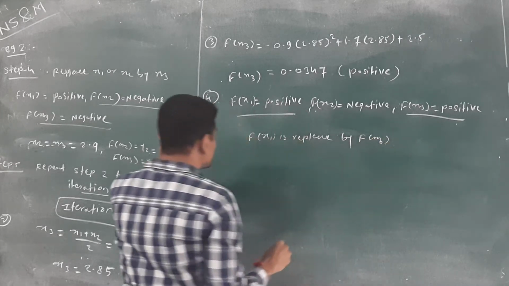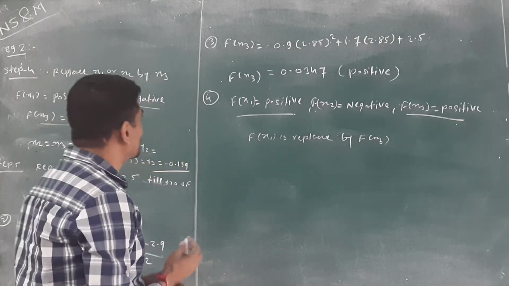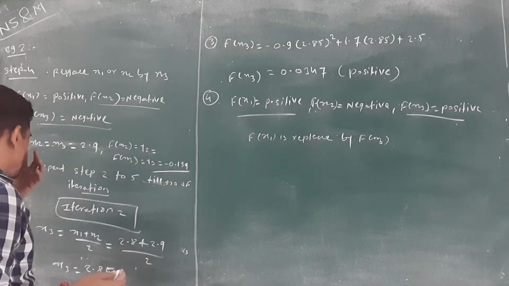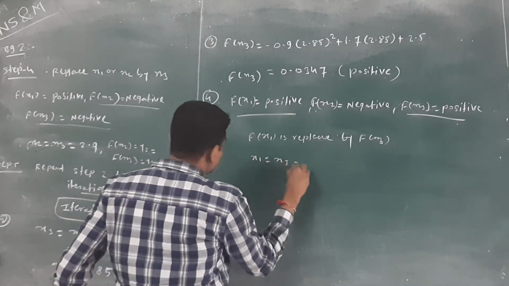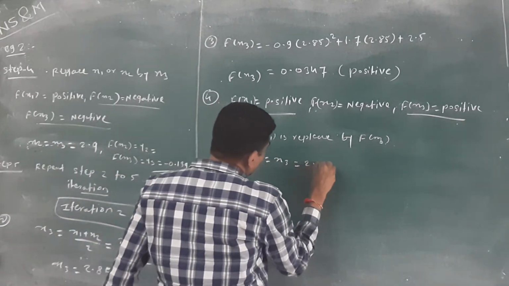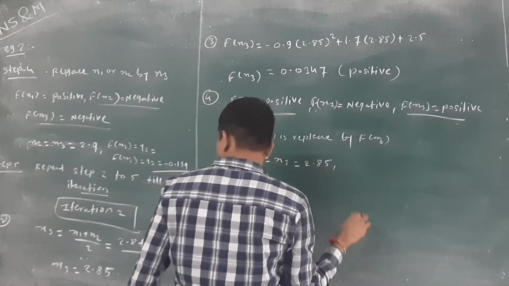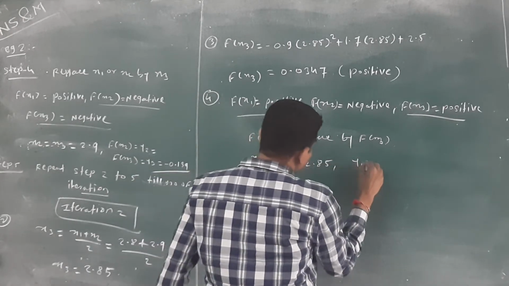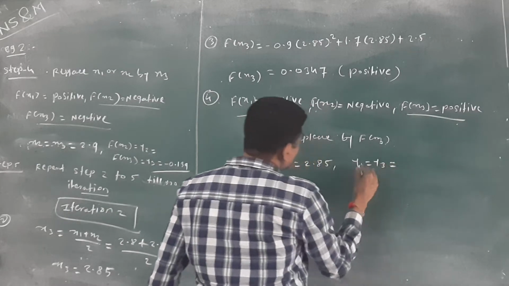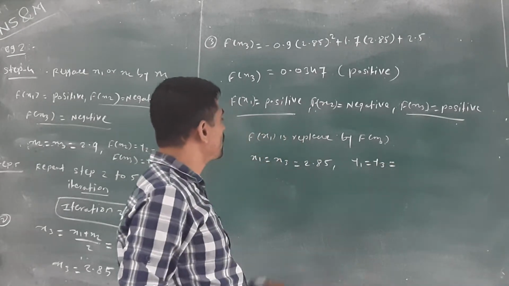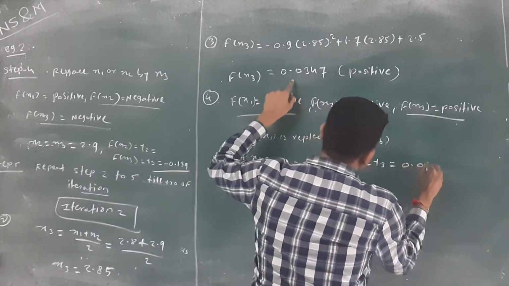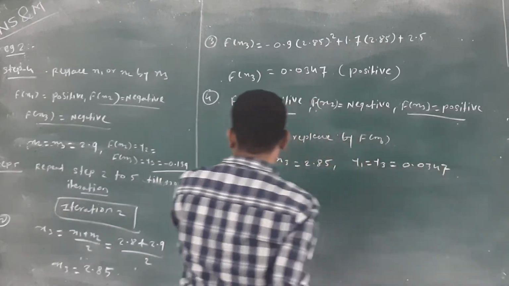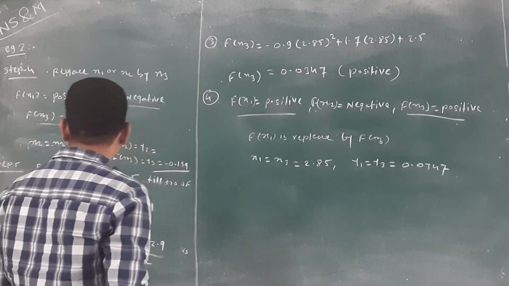I will write here x1 is equal to x3 is equal to 2.85, and y1 is equal to y3. Second, f of x1 is equal to f of x3, which we have calculated as 0.0347. Okay, then step number 5.